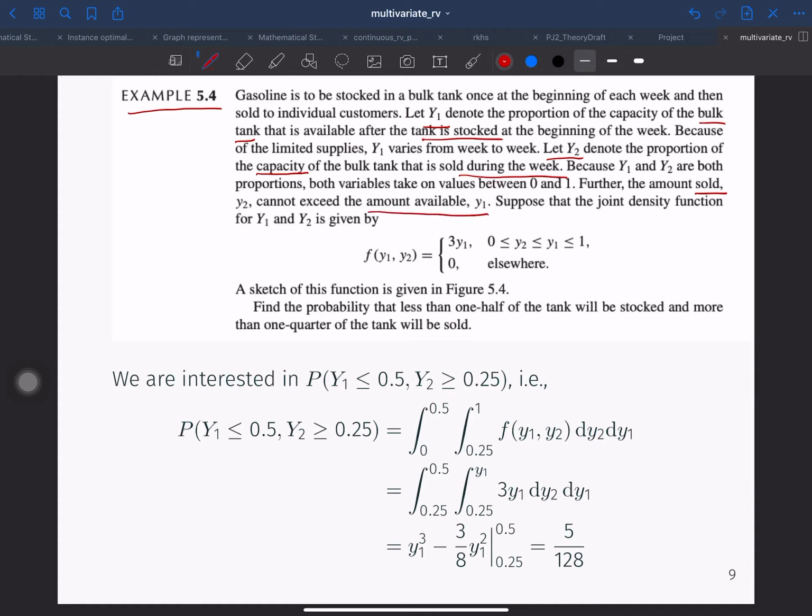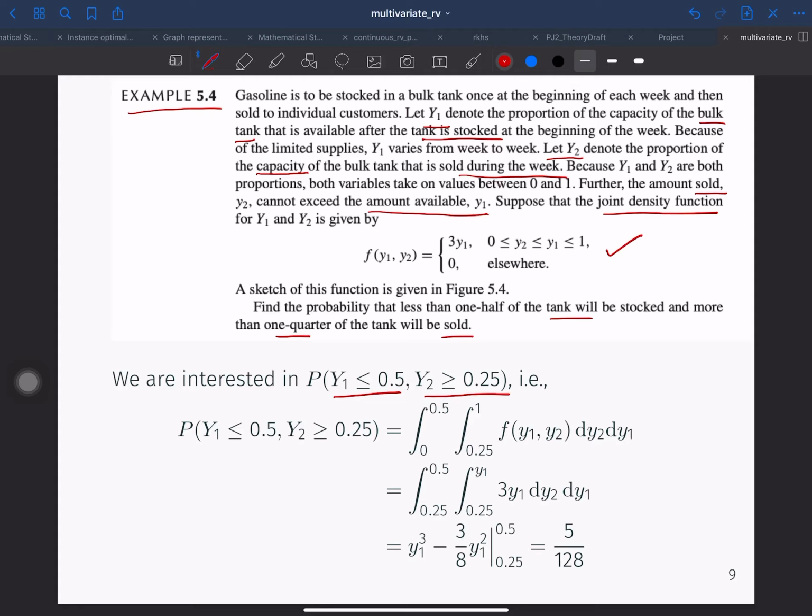So Y2, the amount sold, cannot exceed the amount available. This is a contrived example. Suppose that the joint density, the joint PDF, is given here, and you want to find the probability that less than half of the tank will be stocked, so Y1 less than 0.5, and more than 1/4 of the tank will be sold, so Y2 is bigger than 0.25.